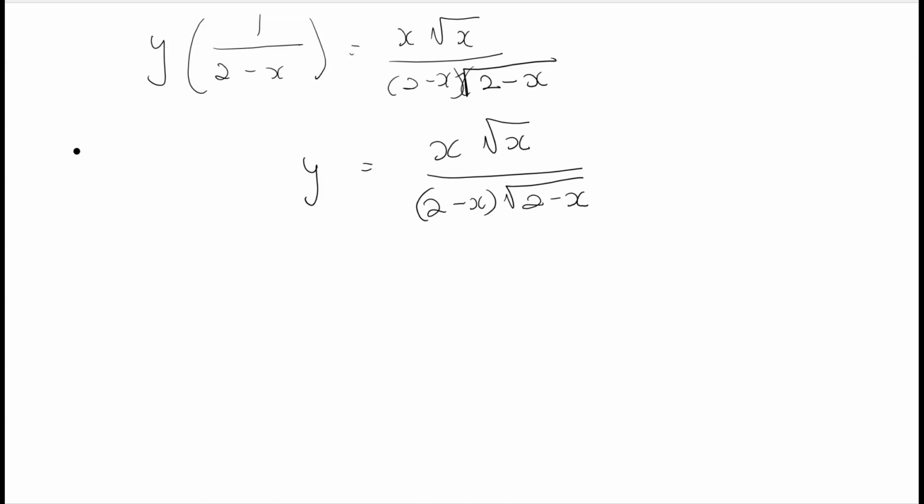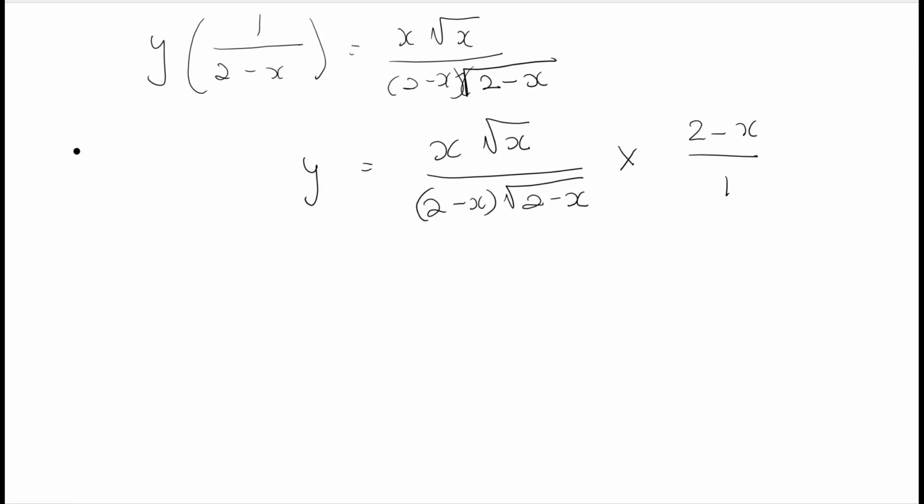Now I needed to undo the multiplying on the left hand side. I need to divide both sides by 1 over 2 minus x. Now if I'm dividing by a fraction, I can flip and multiply. So I'm going to flip so that it becomes 2 minus x over 1, and I'm going to multiply.